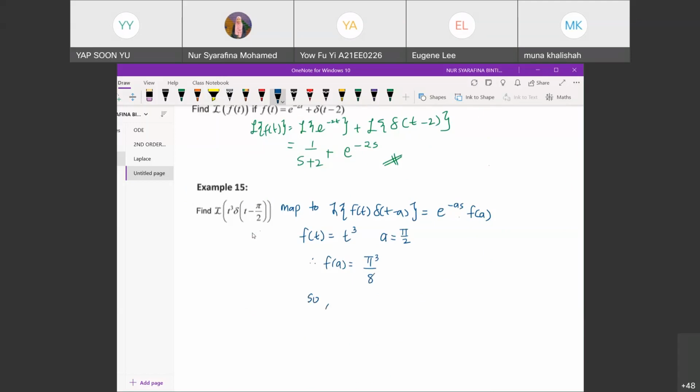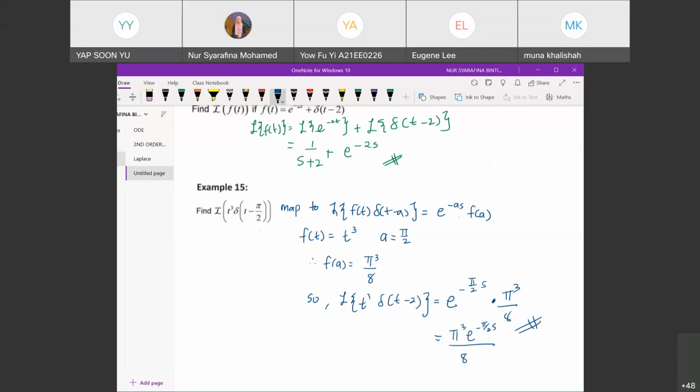So the transformation becomes e to the power of negative as times pi cubed over 8. That's it. Okay, clear?